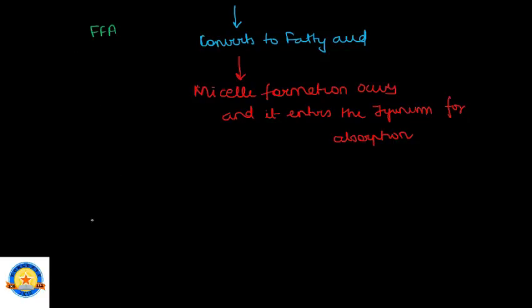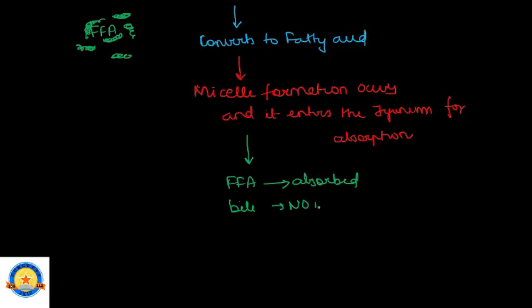FFA. Now this FFA is covered by bile, no? Bile salts are also there. Bile salts are not digested. Bile acid is also there. So it is not digested. The free fatty acid is also there. Now what happens in jejunum is free fatty acid is absorbed, but bile is not.